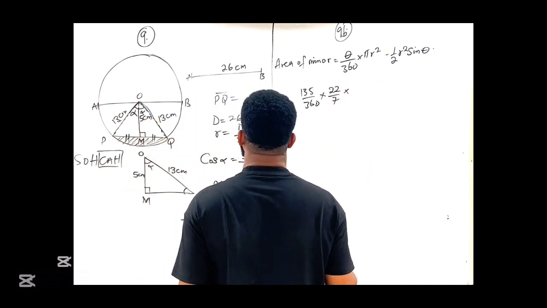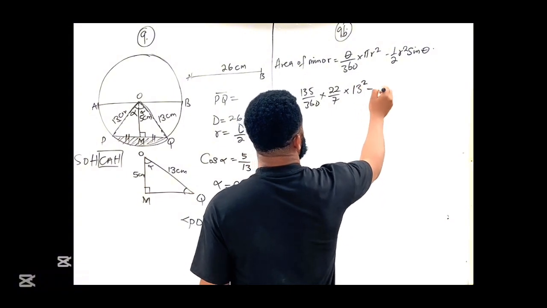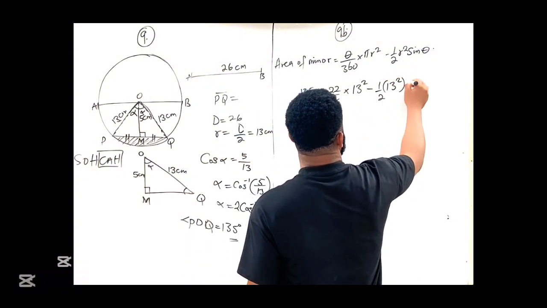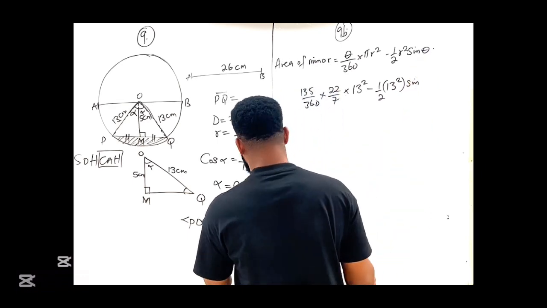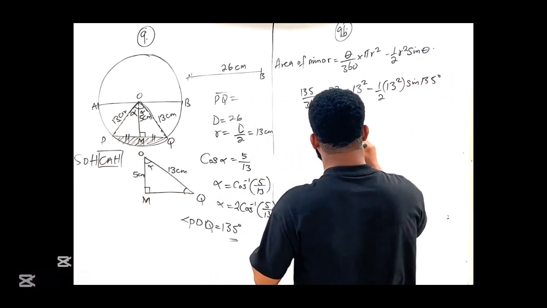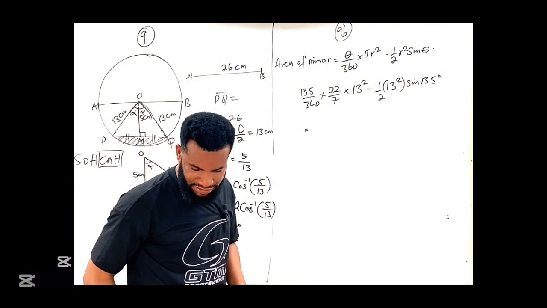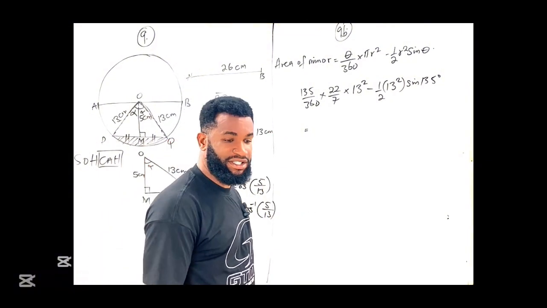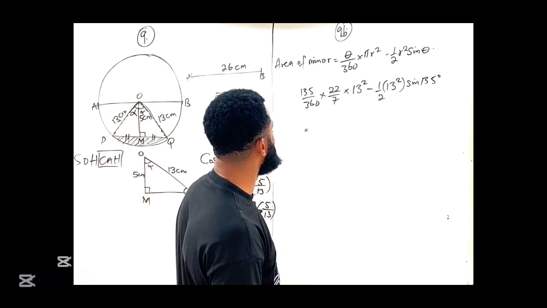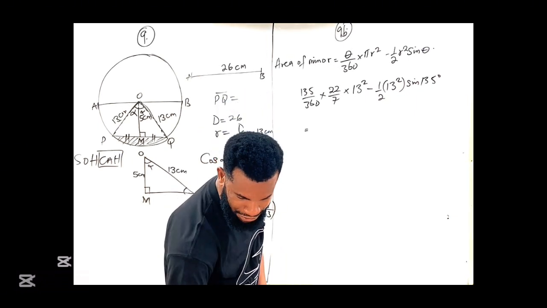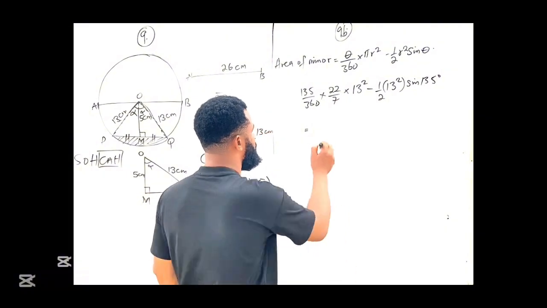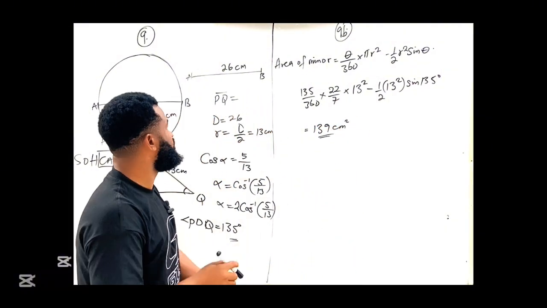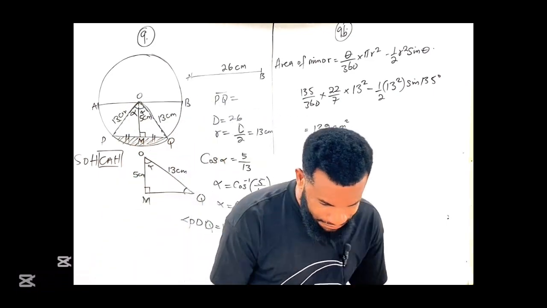R is 13, so 13 squared, minus half times 13 squared times sine 135 degrees. If you open this bracket very properly, you're going to have the value of 139 cm squared. So that is the question for number 9. Let's go to number 10.